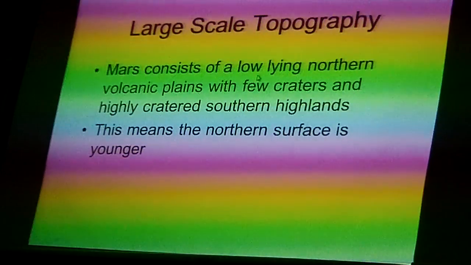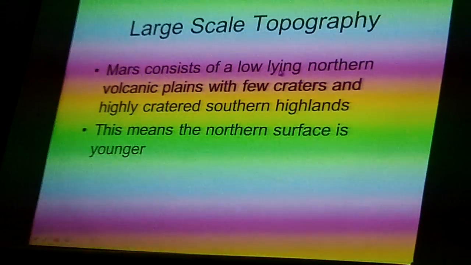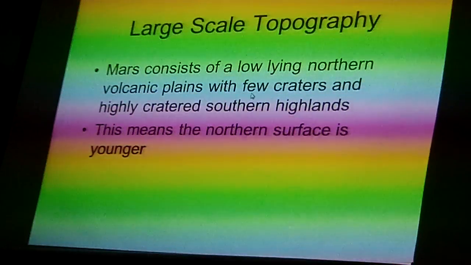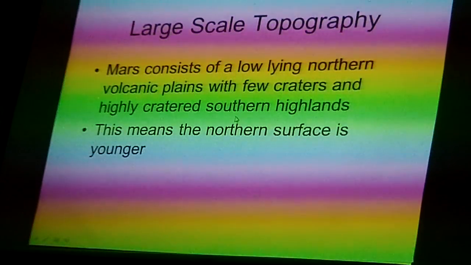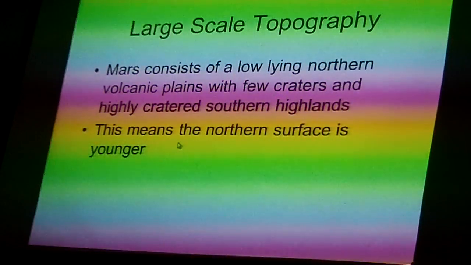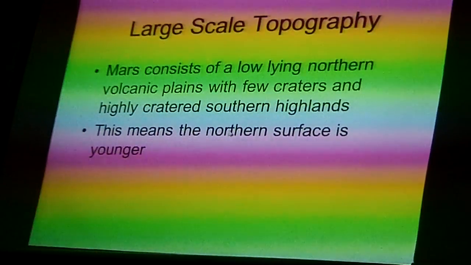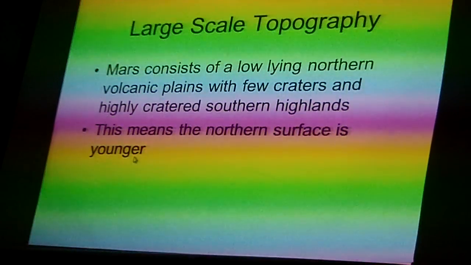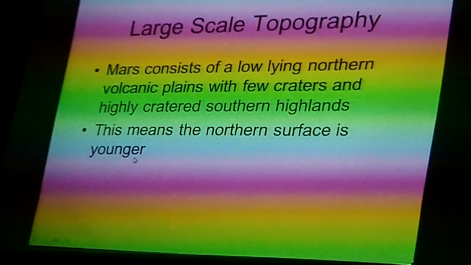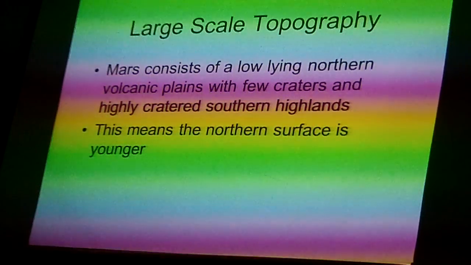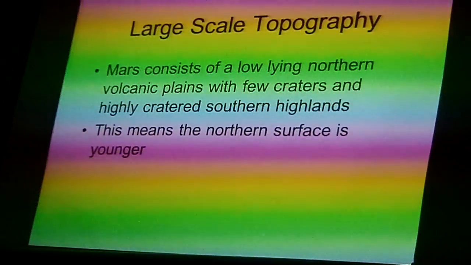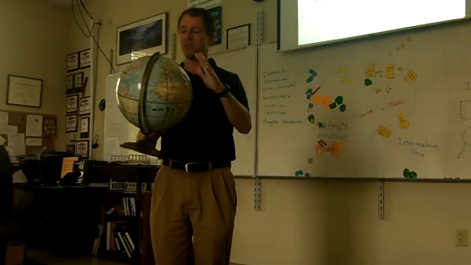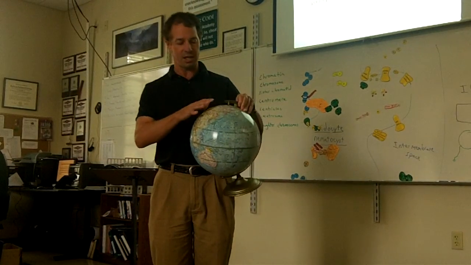Mars consists of low-lying northern volcanic plains with few craters and highly cratered southern highlands. This means the northern surface is younger because it has fewer craters. So, Mars has a low surface and a high surface, just like the Earth has continents.